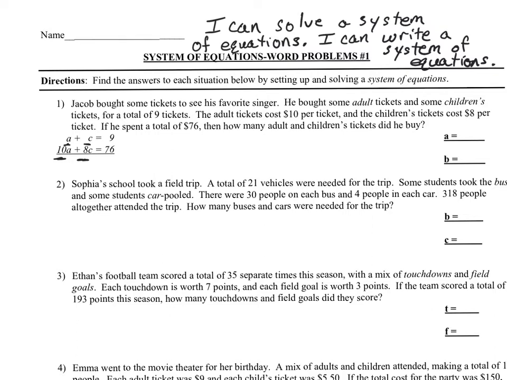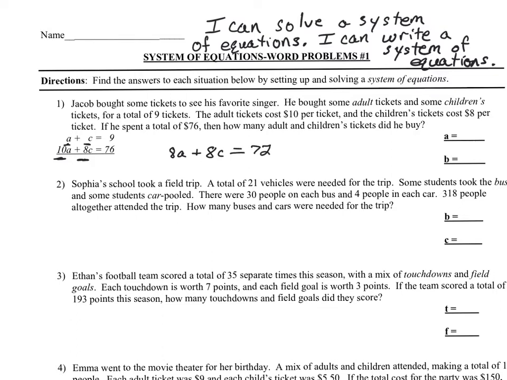Or you could multiply by 8 because then the C's would match. Okay, the idea is to make them match. So I'm going to choose to multiply by 8. That means that I have 8A. 8 times A is 8A, 8C, and 8 times 9 is 72.